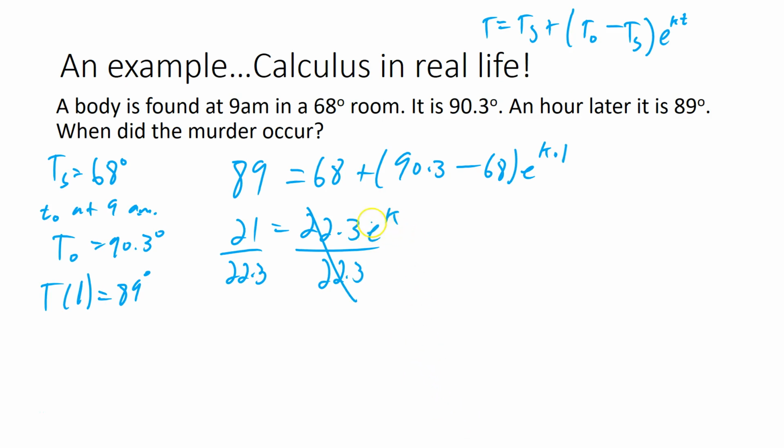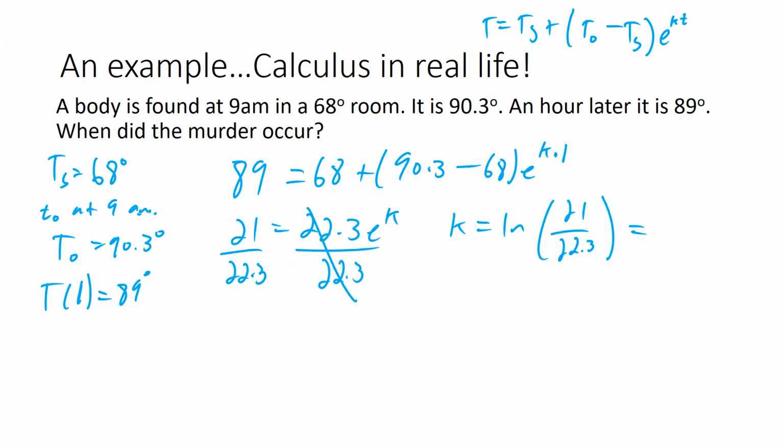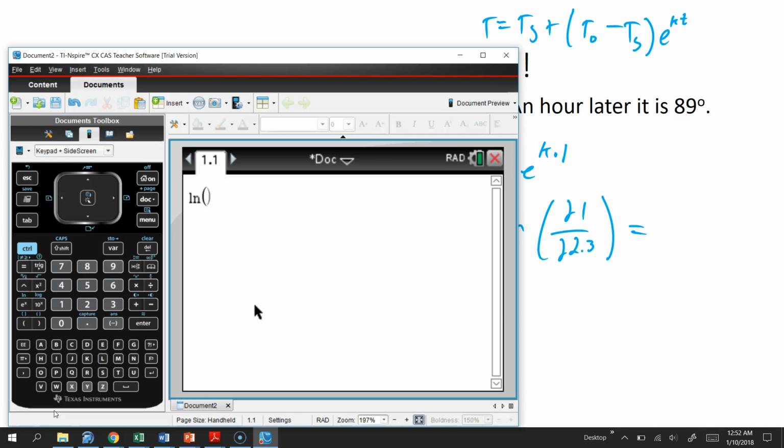Okay, and then we have e to the K equals this, so K is going to be equal to, to undo this, we have to do natural log. So natural log of 21 over 22.3. Okay, I'm going to go to a calculator for that. Gives us, as we suspected, a negative K value.